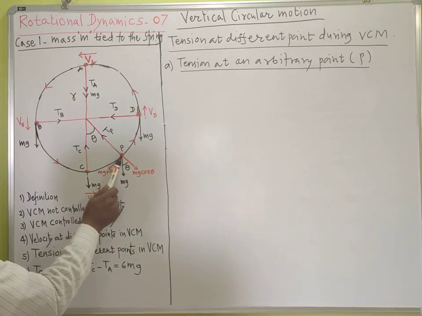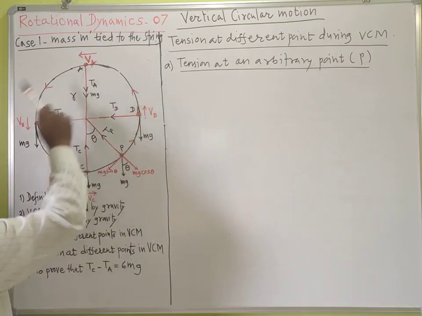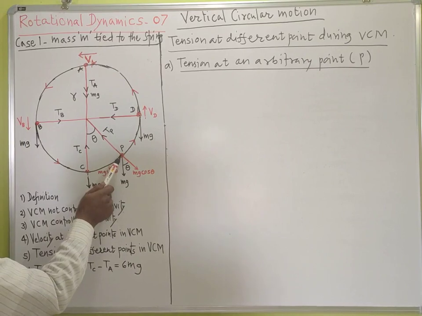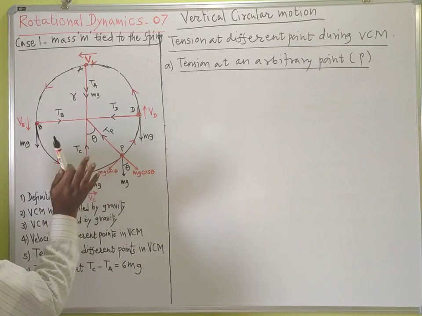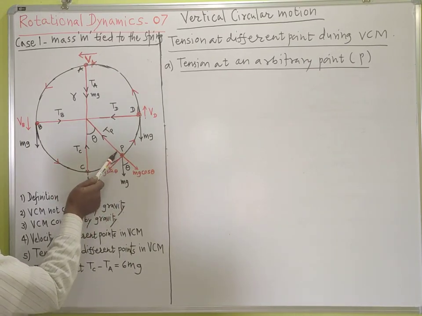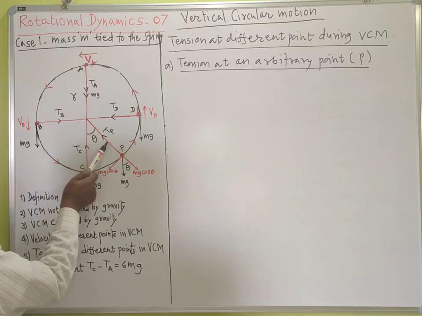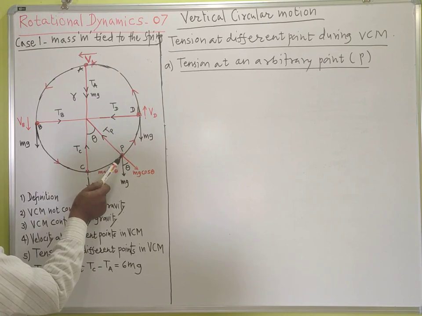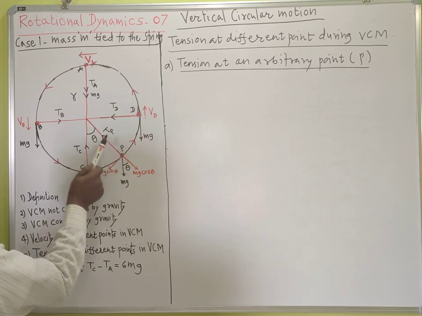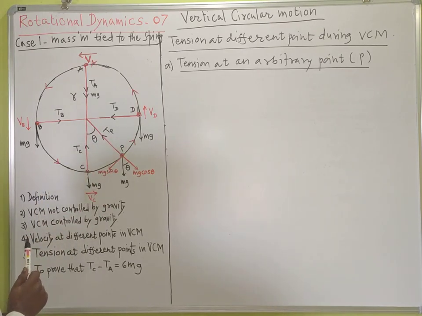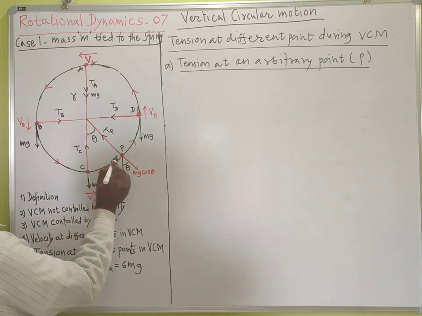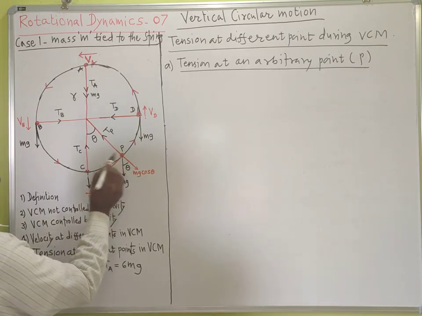See here, this is an arbitrary point, any point on the circumference of a circle. Tension, as we have already learned, is always directed towards the center. So the tension on the string when the particle is at point P is Tp. Two forces are acting on this particle.